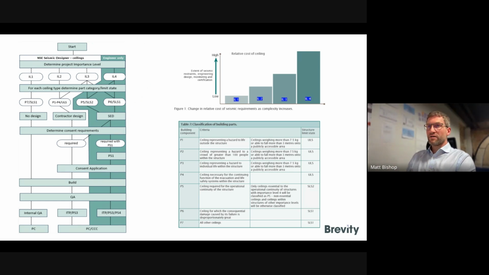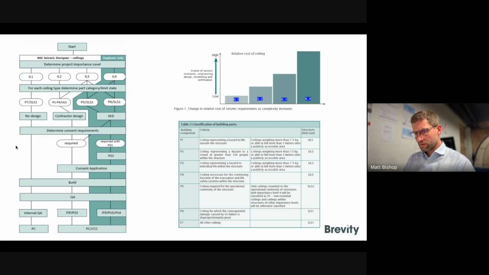And on the right-hand side here, I've got the IL level summary and the building parts level summary. The big point I want to make here is that project importance level and individual building element part categories are important to determine what you have to do for different ceilings.